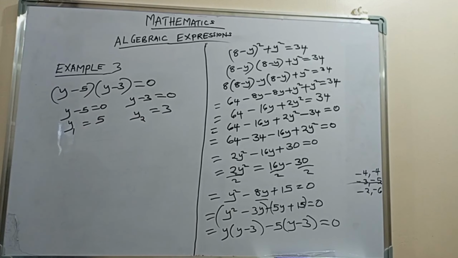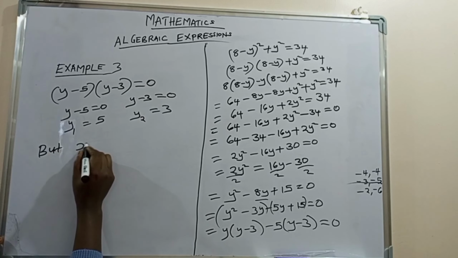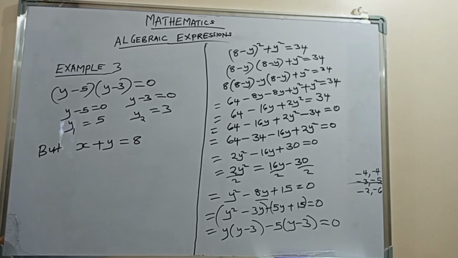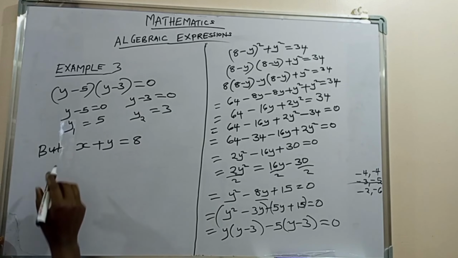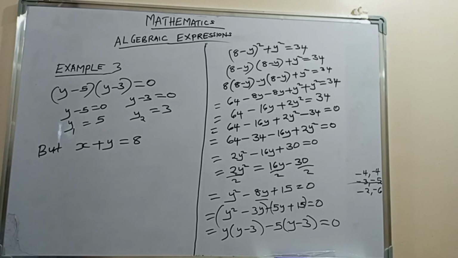But then we remember that x plus y is equals to 8. And so where there is y, let's pick one of the values of y. So in my case, I'll pick 3.